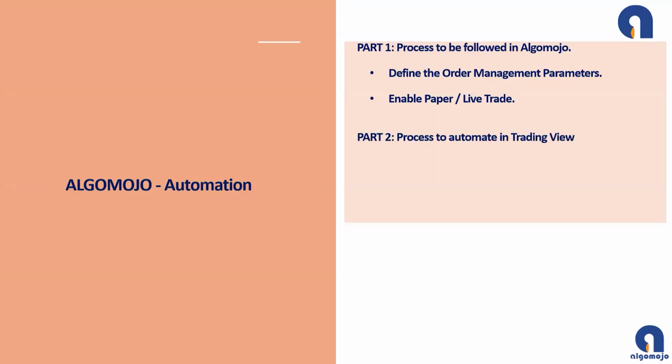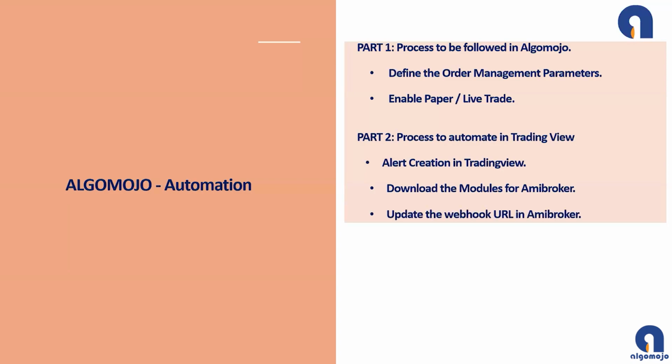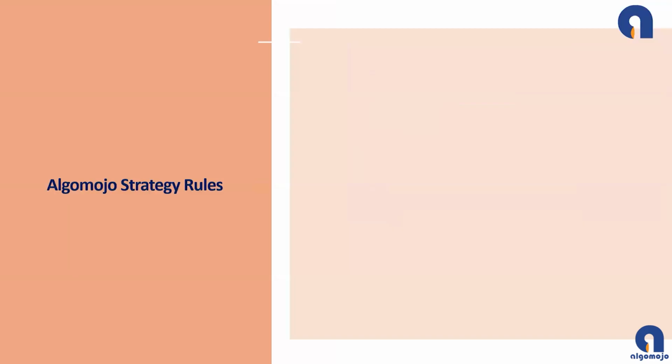Then go to the respective charting tool where you're trying to trade. For example, in TradingView, we just saw how to create an alert, and if it is Amibroker, we'll need to download one or two modules, and that is it. Update your webhook URL, and you're ready to place orders automatically whenever there are signals coming in. So it's a simple process.